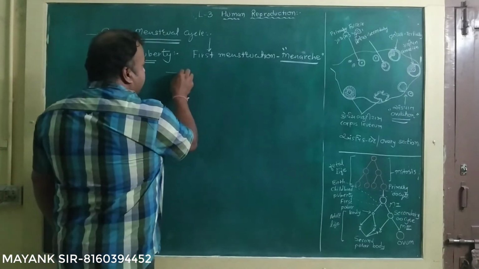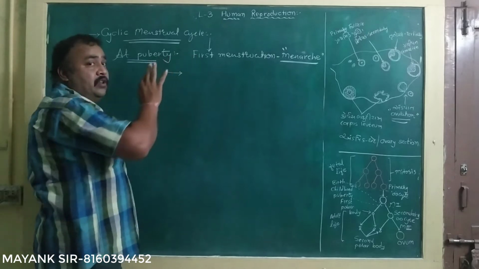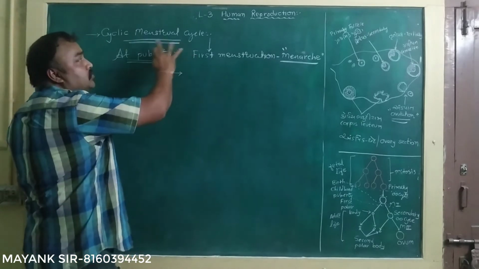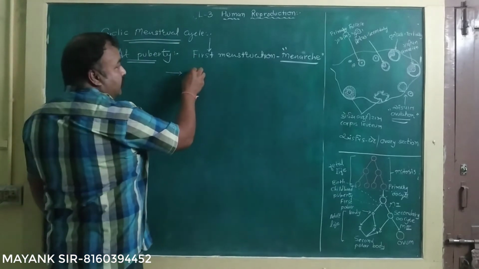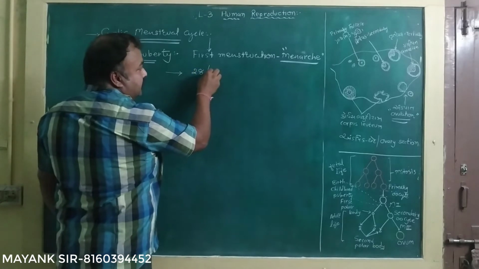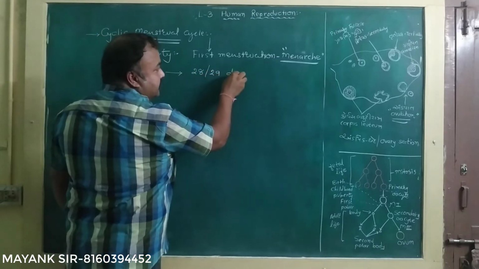Now, in female humans, the menstrual cycle lasts for 28 to 29 days.